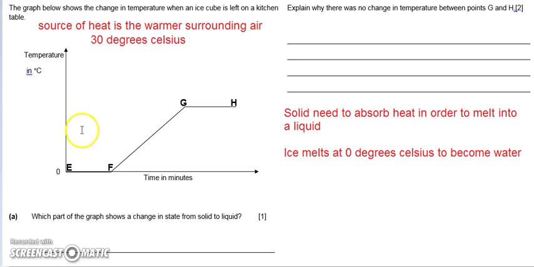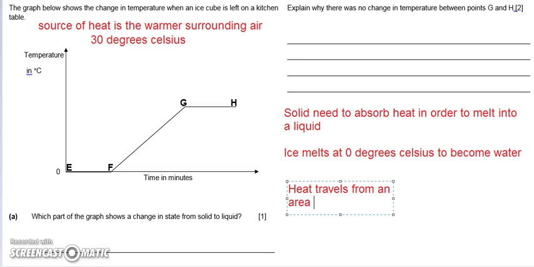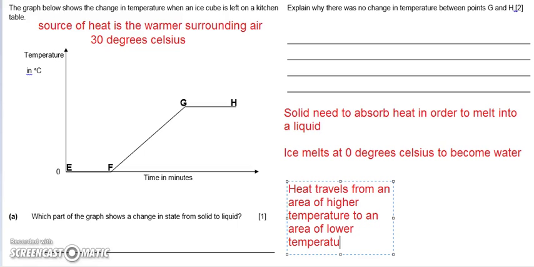Now, we also know that ice is absorbing heat. We know that heat travels from an area of higher temperature to an area of lower temperature. Okay, we know this.